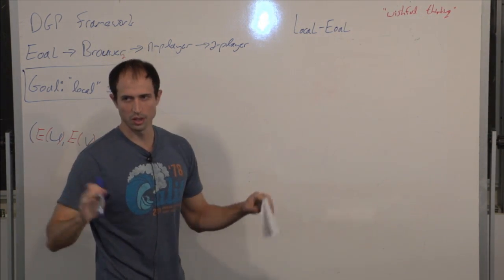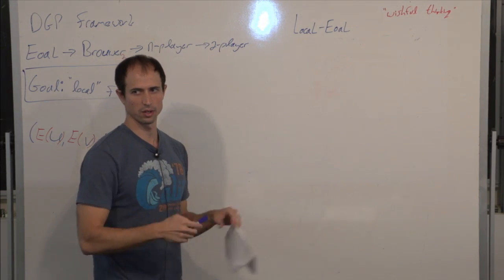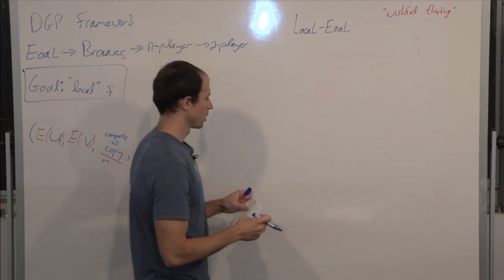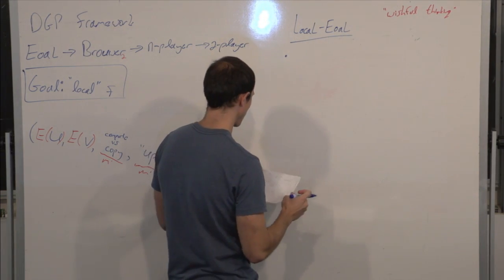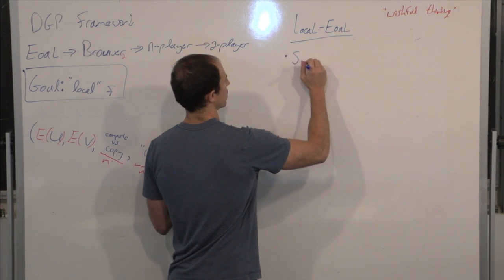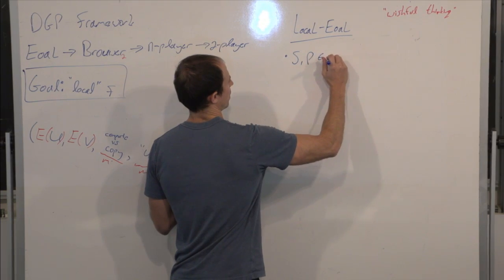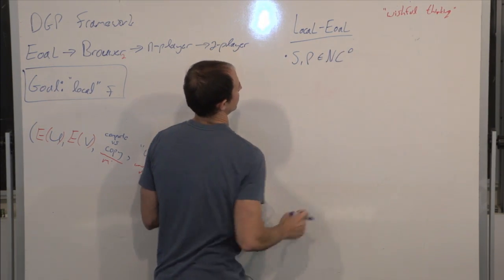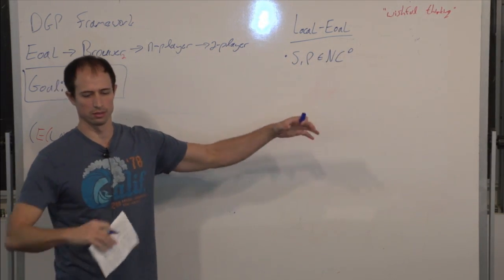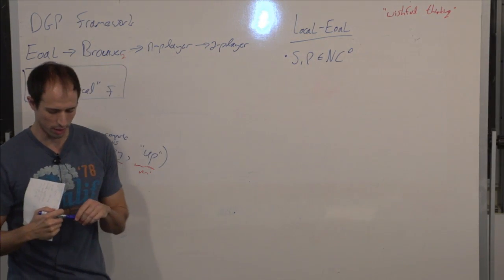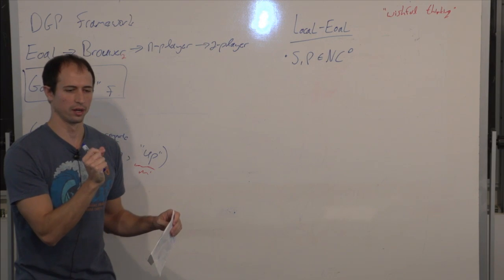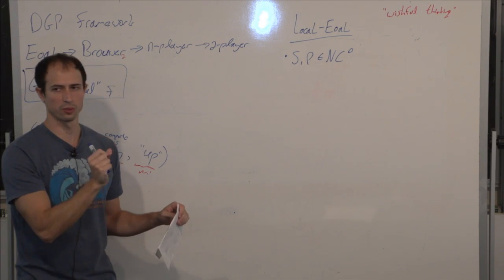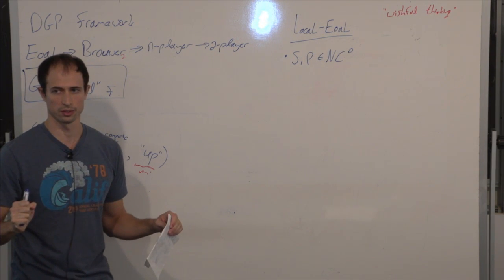Suppose instead of arbitrary S and P circuits, successor and predecessor circuits, I could have successor and predecessor circuits, and they belong to NC0. So this is the class no one ever talks about because it is essentially meaningless for a single output, but it means that every output only depends on a constant number of inputs.